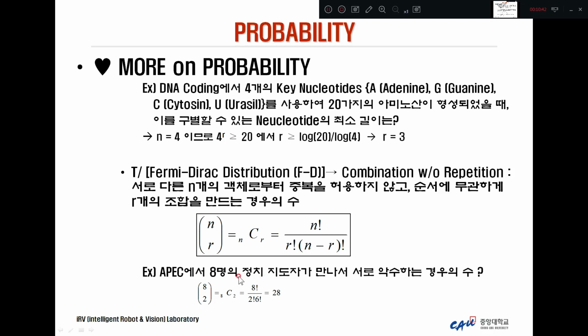So that means we don't allow repetition, but the order is not important, because two guys meet together and shake hands, then the order is not important. So this is combination 8 2, so it will be 8 factorial over 2 factorial 6 factorial, and this is equal to 28 instances.